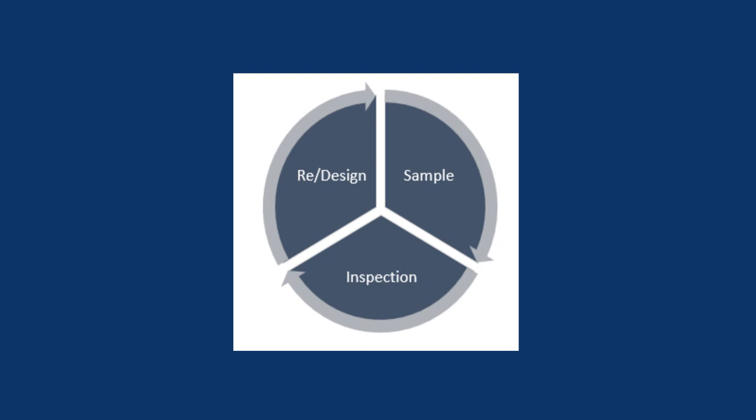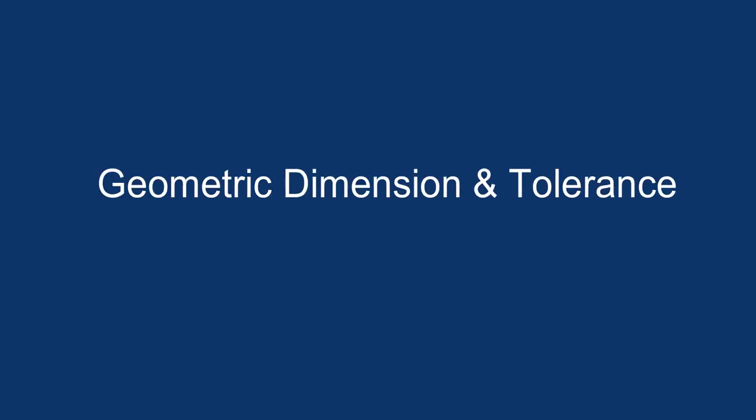If inspection fails, we redesign, then make a sample and inspect again. This cycle keeps rolling until the part passes the inspection. To escape from this cycle, we can use GD&T, which supports more precise information for the mechanical parts that we need to manufacture. In that case, general dimension is not enough for a manufacturing drawing.